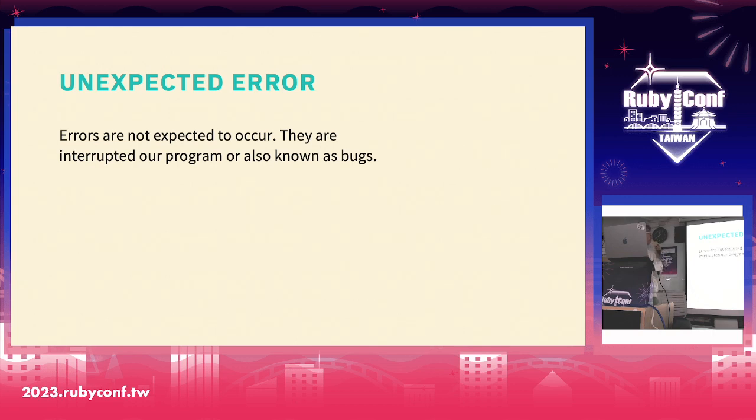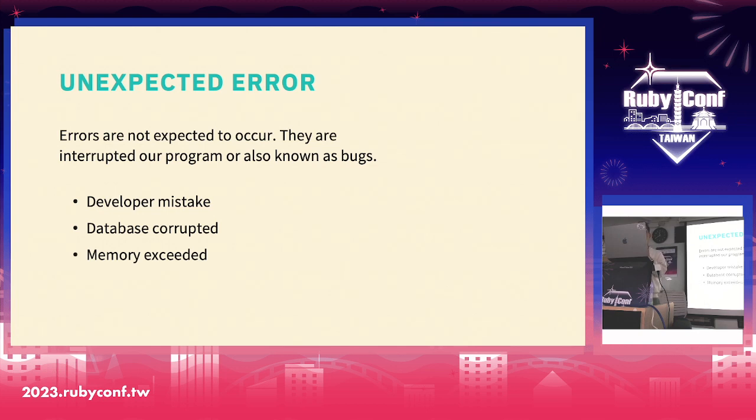By nature, they are not predicted by the developer, and they come from factors beyond our code, outside of our control, like the database getting corrupted or running out of memory. Those problems are typically associated with infrastructure, so we can't always predict when they happen, but we can mitigate them by diligent monitoring and improving our software observability.